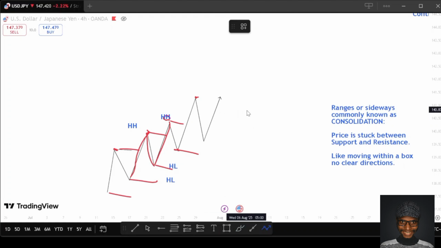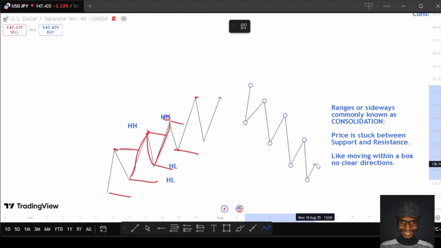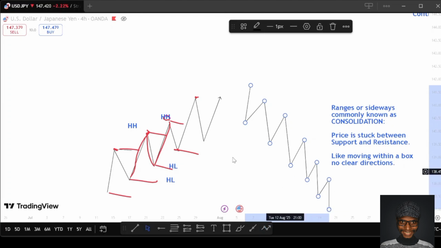Our downtrend is where price gives us a high, then a low, then another high and a low, which is a lower low, giving us lower high, lower low, lower high, lower low.